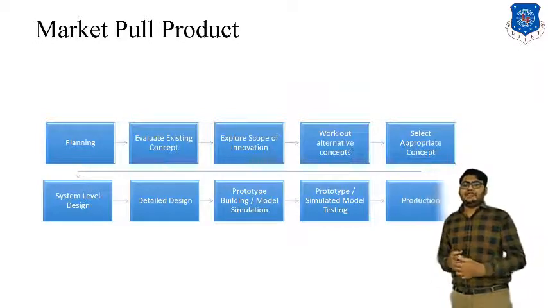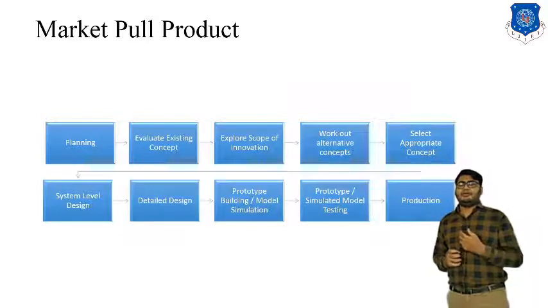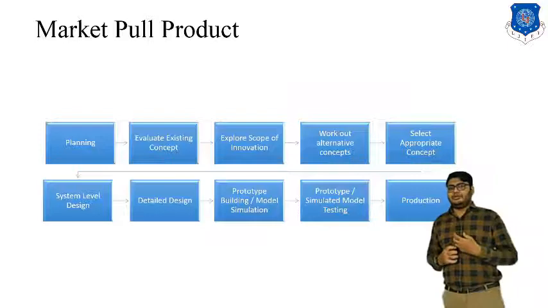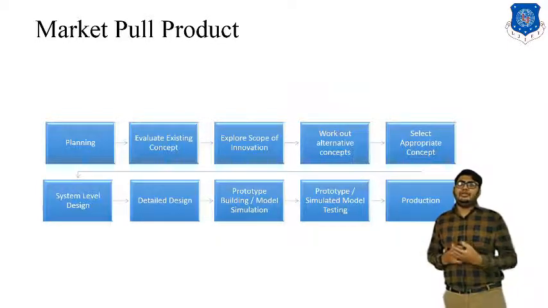After that, we select appropriate concepts which we feel we can achieve. Then after the selection of concept, we follow the generic product development process, which is system level design, detailed design.